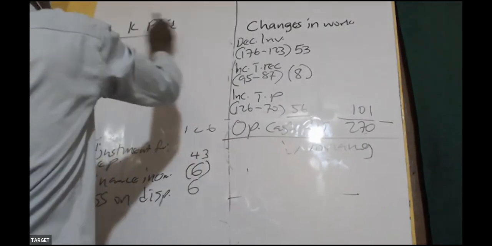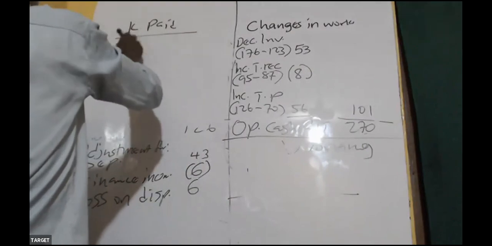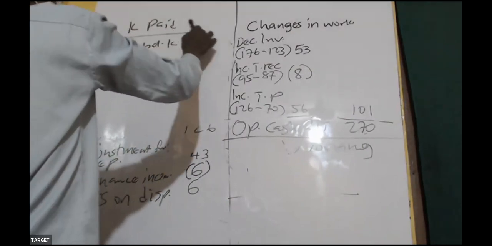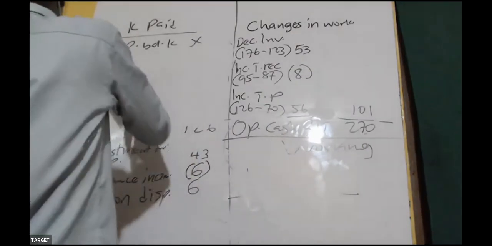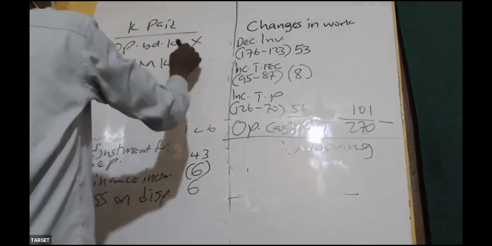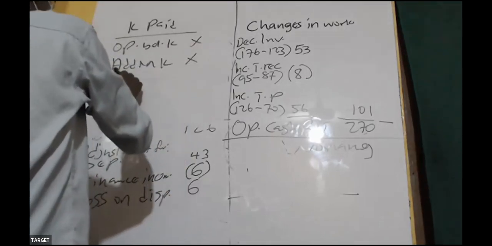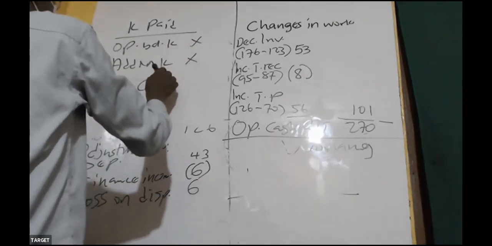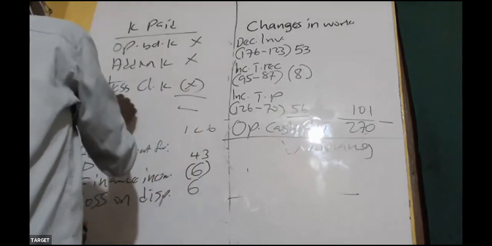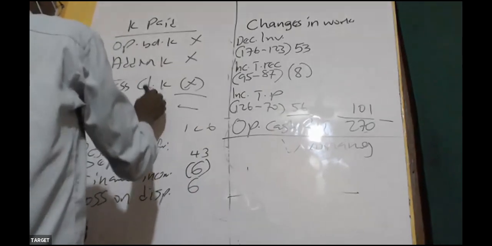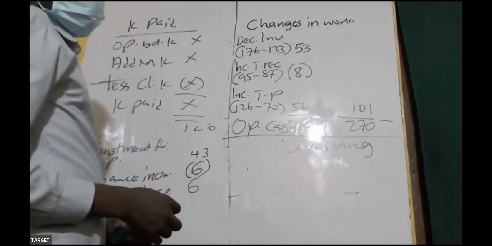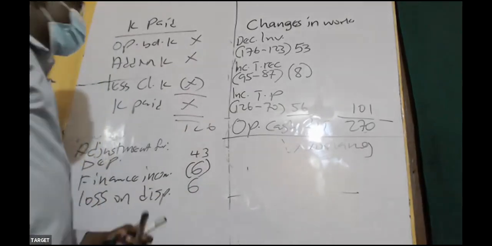K paid is equal to open balance of K, add movement of K, less closing balance of K. This is called K paid.